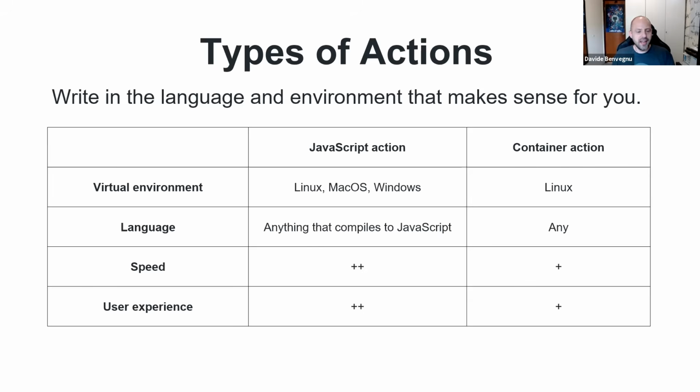Not sure why you would. They are slower. The GitHub Actions runner has to pull the Docker image or the container image from whatever repo it's stored in. Usually it's Docker Hub. It needs to decompress that and do all the things Docker does. So the startup time is generally slower than the native actions. But of course, they give you much more flexibility.